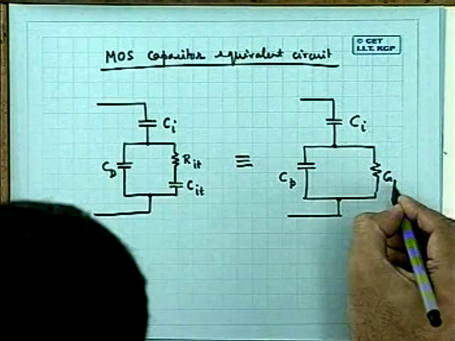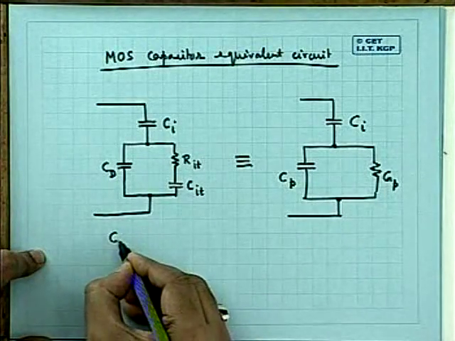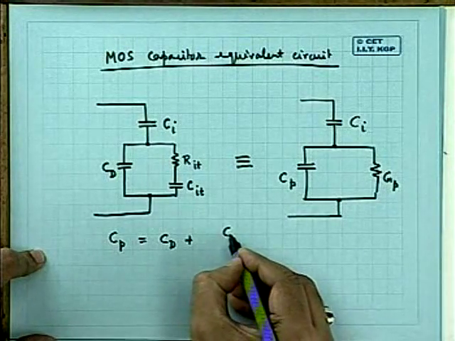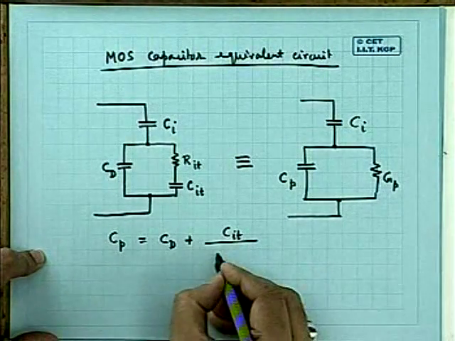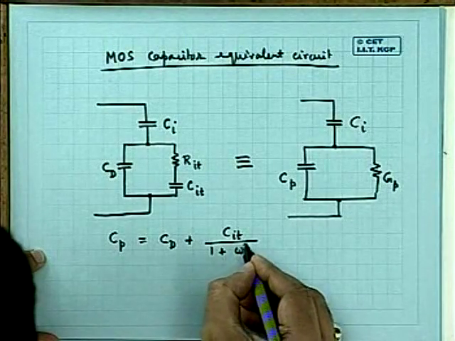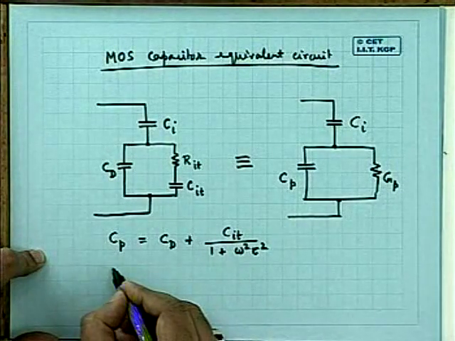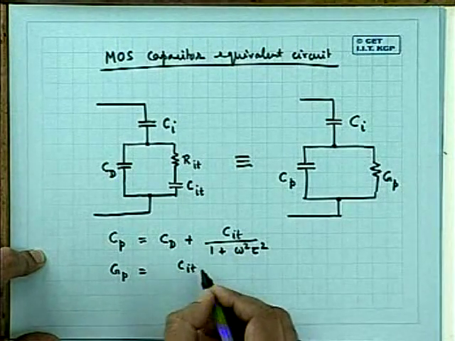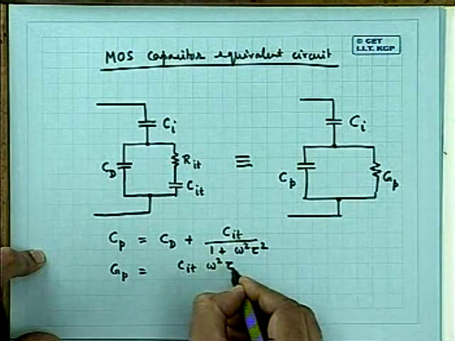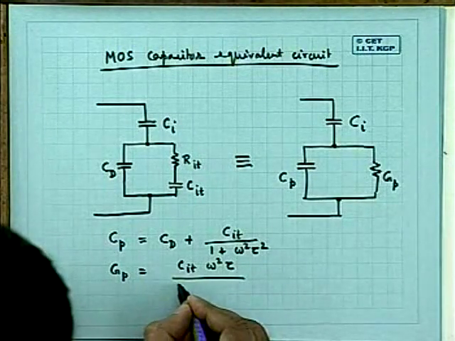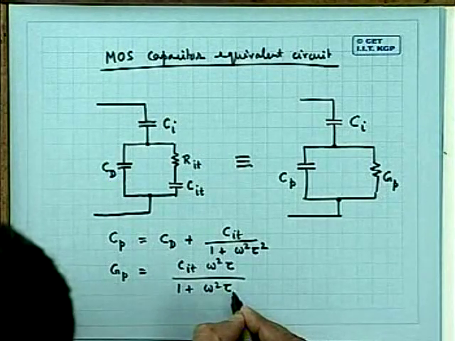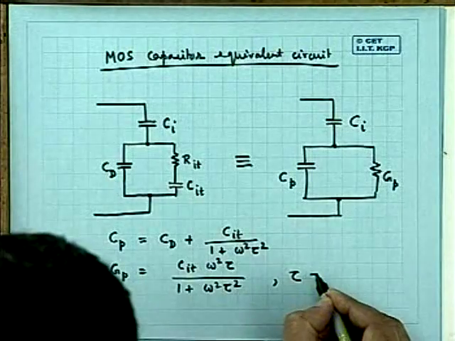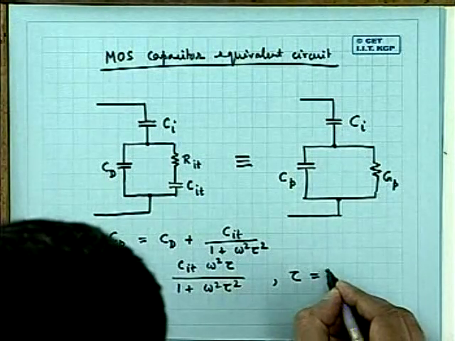I call it GP, where CP can be easily found to be CD plus CIT divided by 1 plus omega squared tau squared, and GP is equal to CIT omega squared tau squared, where tau is nothing but the so-called lifetime or time constant.